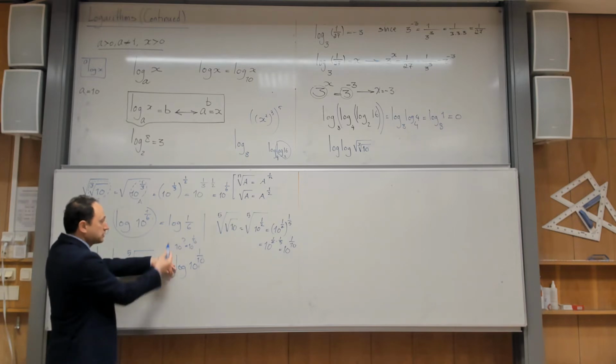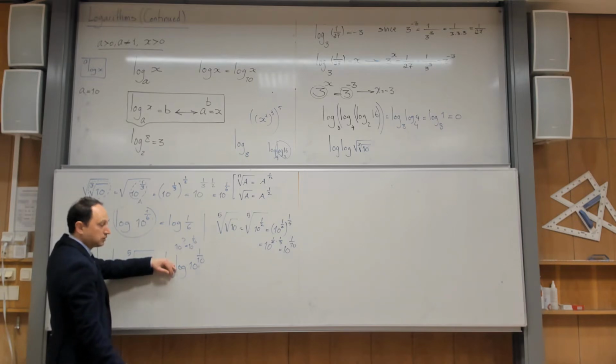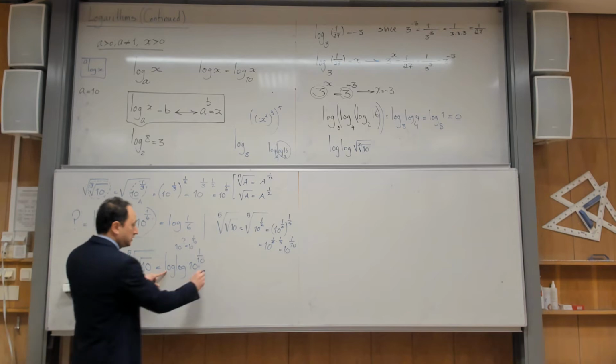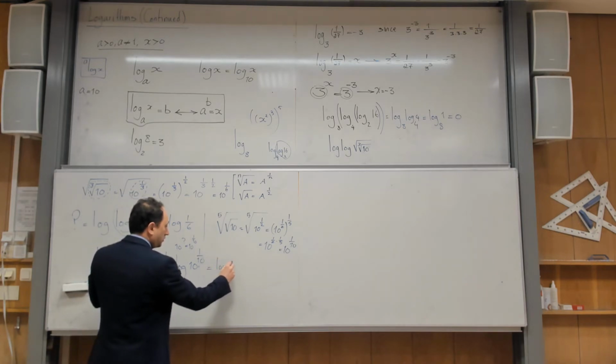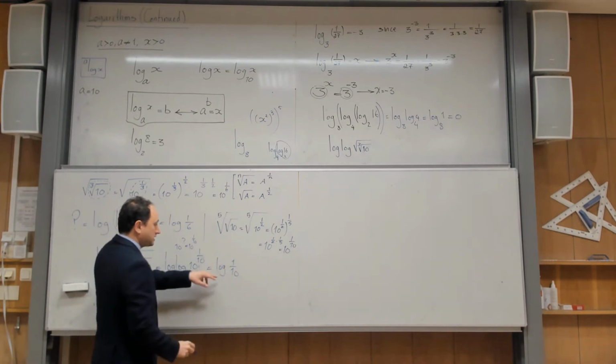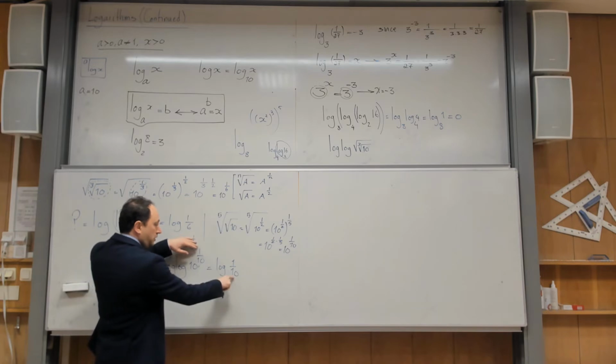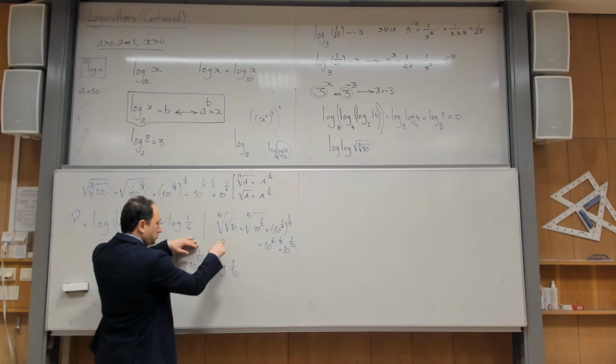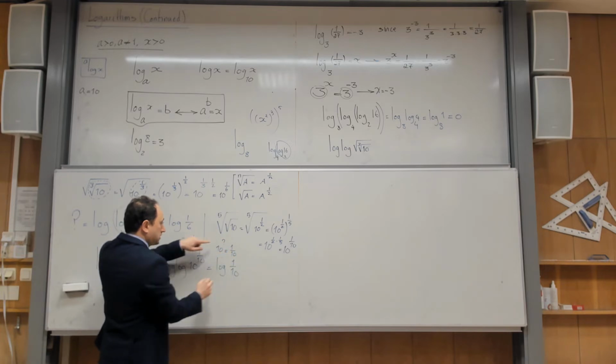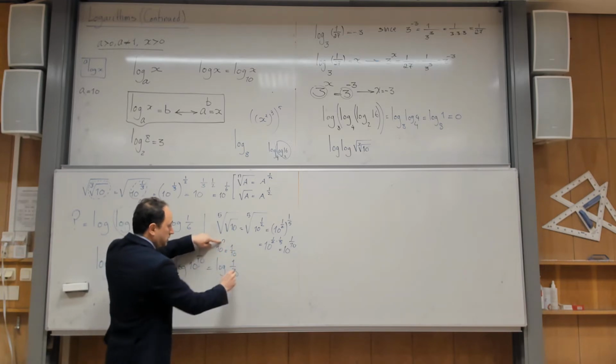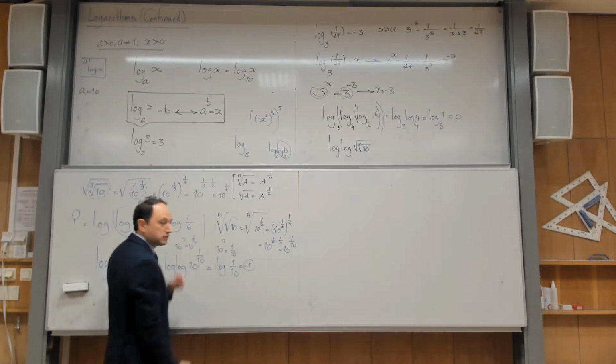It's very clear. What's the question mark then? 1 over 10. Yes? And then I have a log here. So this becomes log of 1 over 10. Now this is asking you the same question, but for this new number. Can you give me a number so that 10 raised to that number becomes 1 over 10? So what's the question mark? Minus 1. That's the answer.